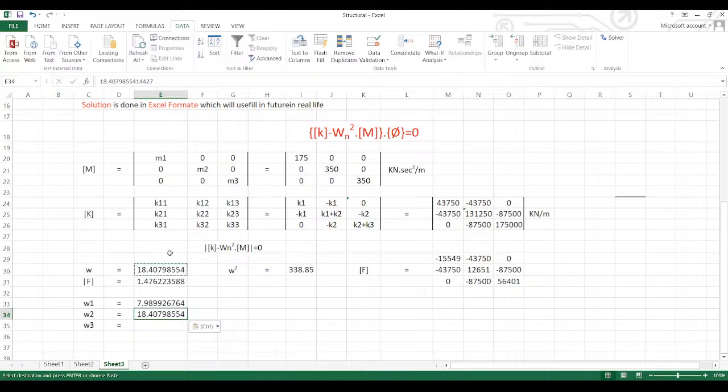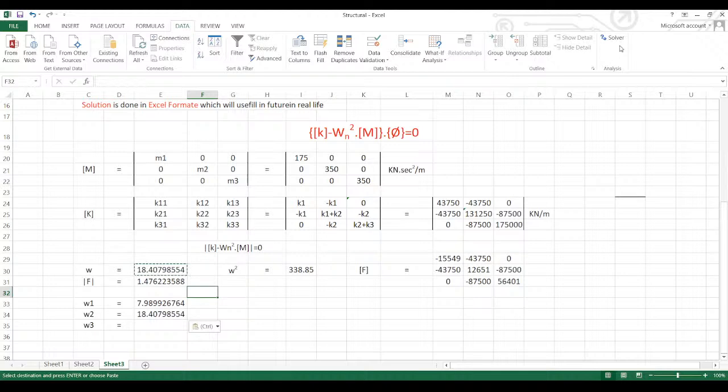Then we have got the another value also, omega 1, omega 2, we got it. Omega square, omega 18.48, that is correct.